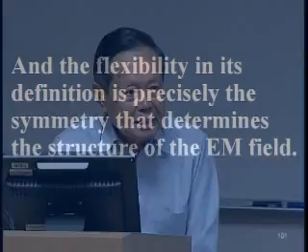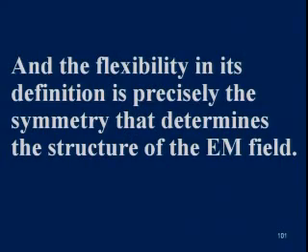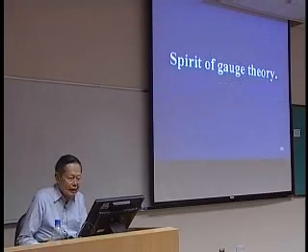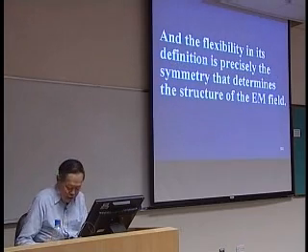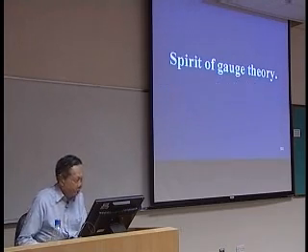And the flexibility in the definition of A is precisely the symmetry that determines the structure of the electromagnetic field. And in fact, it is precisely that symmetry that determines the structure of all gauge fields. This last slide is really the spirit of gauge theory.